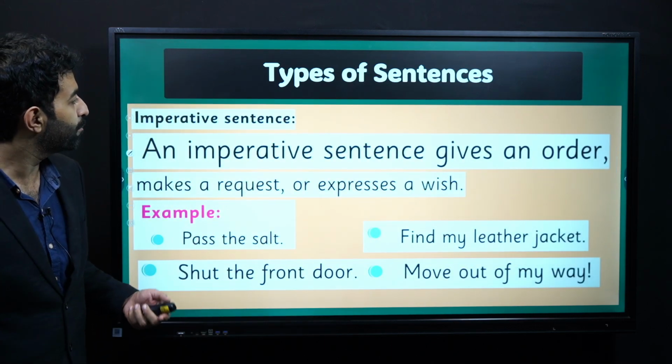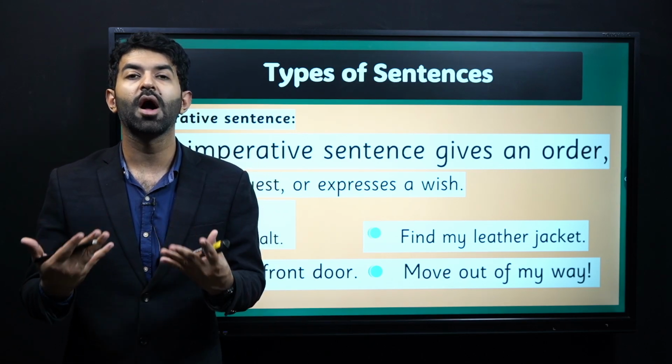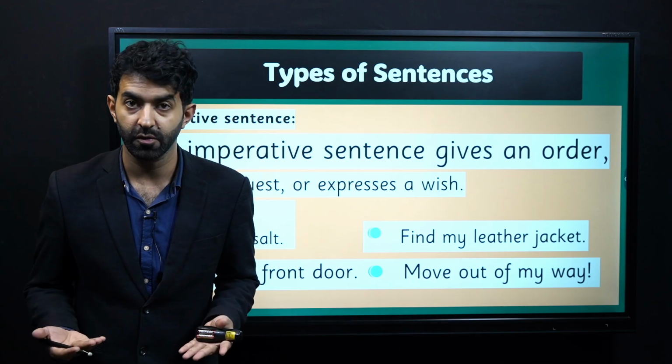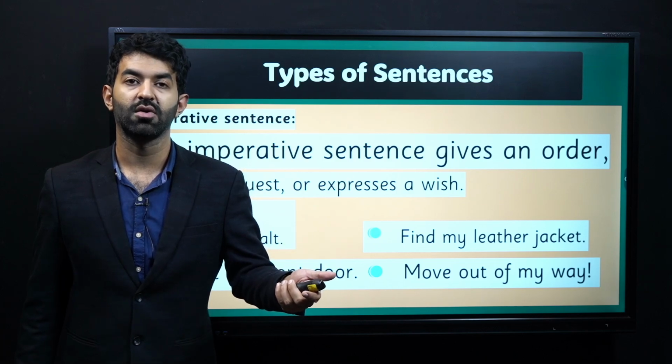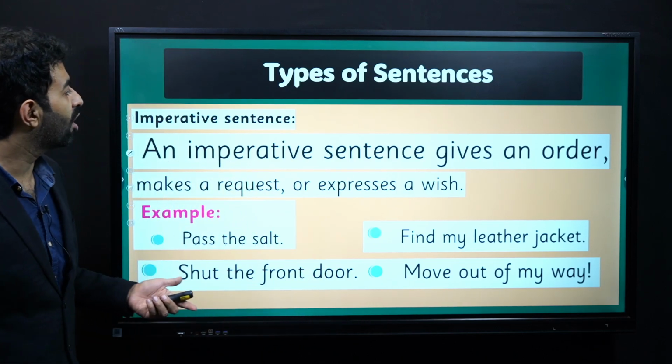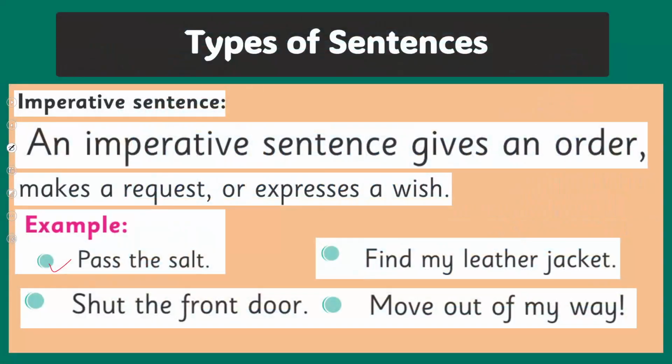Then imperatives. Now students, in these kinds of sentences, you give a command, you request somebody to do something for you. You give commands like shut the door, do not talk to me right now. So these are your imperative sentences. For example, pass the salt, shut the front door, find my leather jacket, move out of my way.